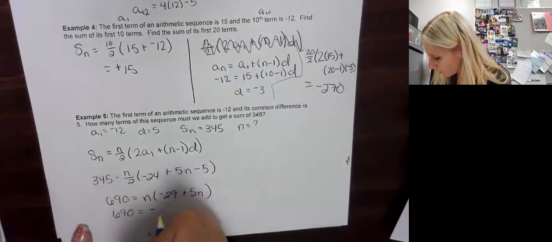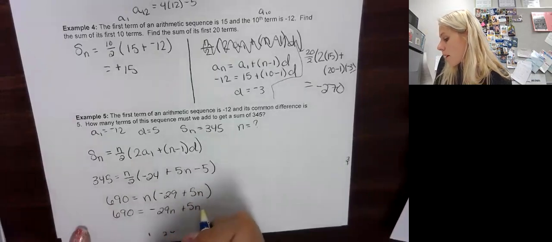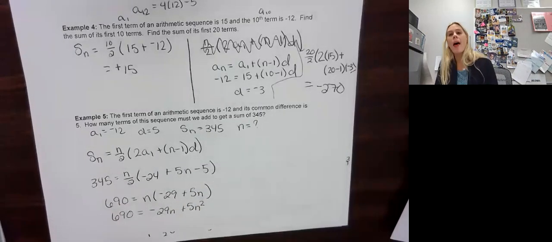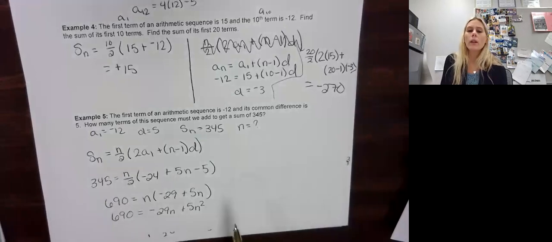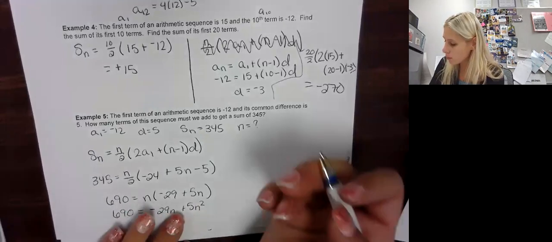Now, what we find is that we come up with an n squared right here. We've learned from past math that when we look at an n squared or an x squared, we have to think about factoring. The way to do that is to get everything on one side.